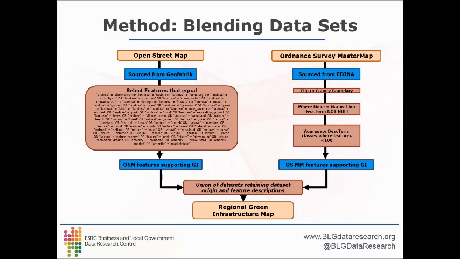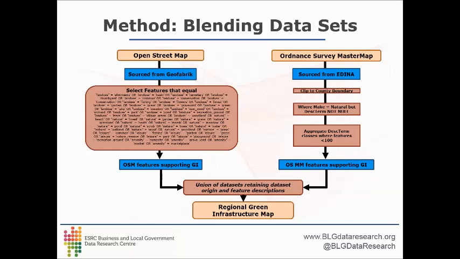I know that Ordnance Survey are working on revising some of the terminology of those features so that this might change in the future. But our experience from doing this and comparing it with other local authority databases is at the moment you really need to blend these two together to produce a good quality output.